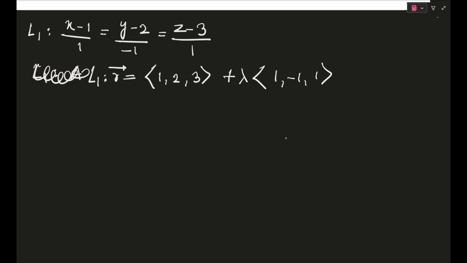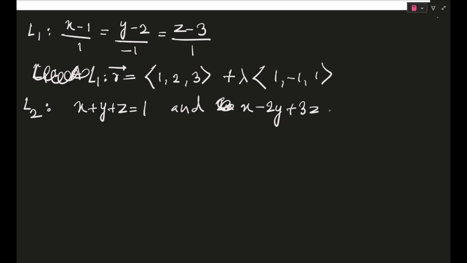Pretty obvious. And L2 is given as the line of intersection of the planes x plus y plus z equals 1, and x minus 2y plus 3z equals 4. To find the intersection, we first need to find the direction vector of L2.